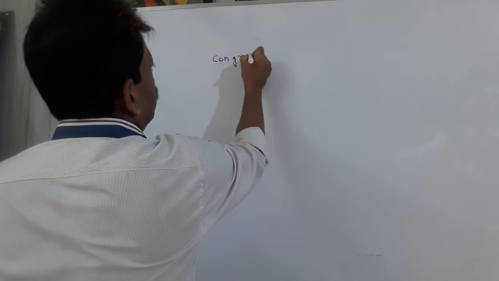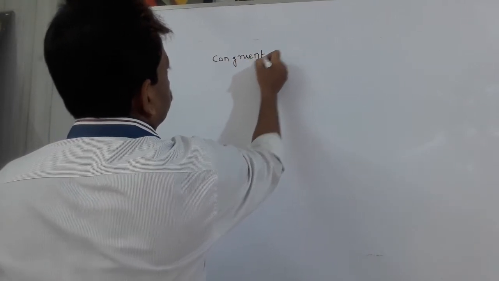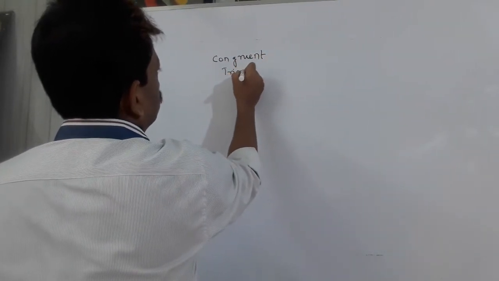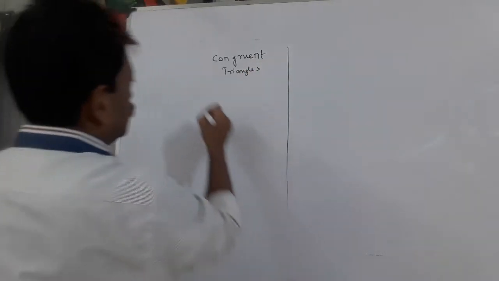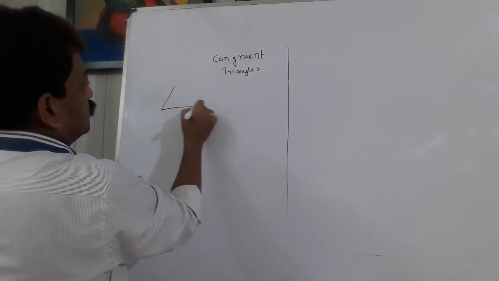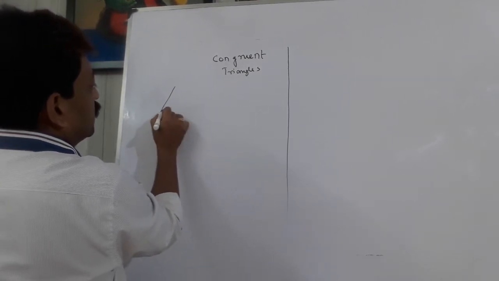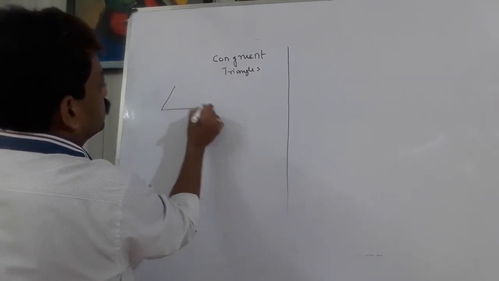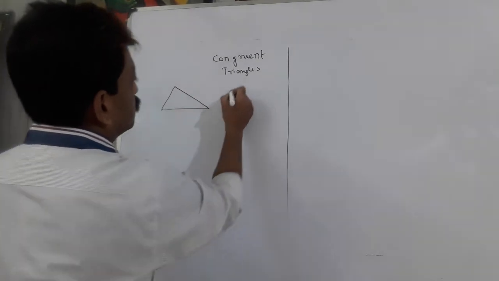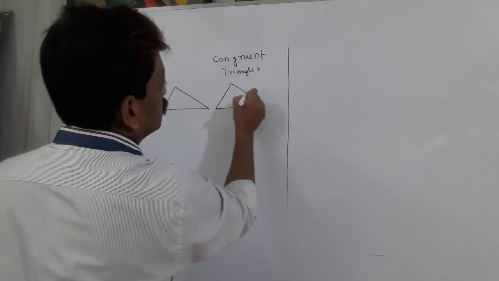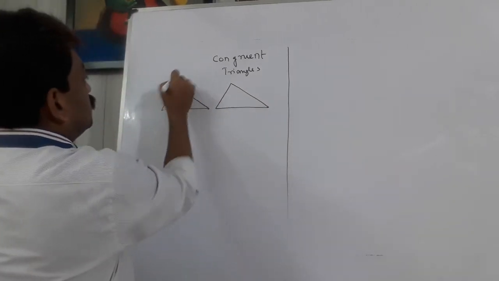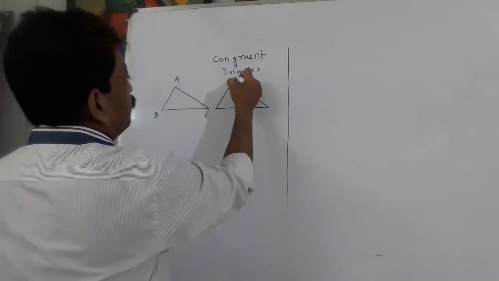In the case of congruent triangles, suppose ABC and PQR are two triangles and they are congruent. This is ABC and PQR.